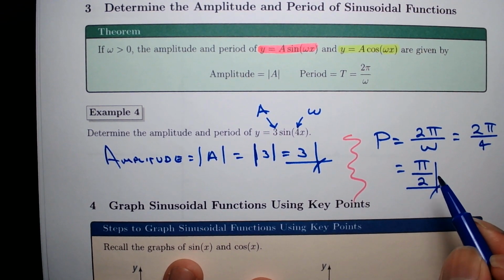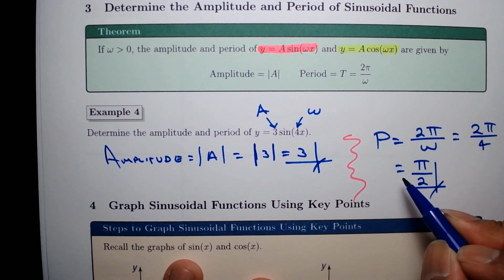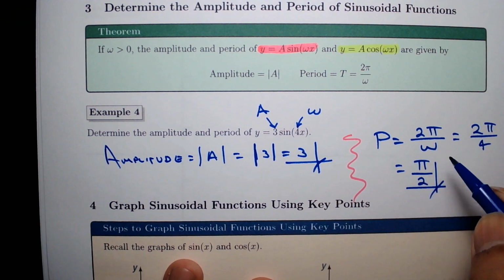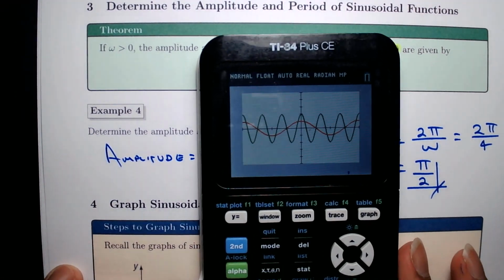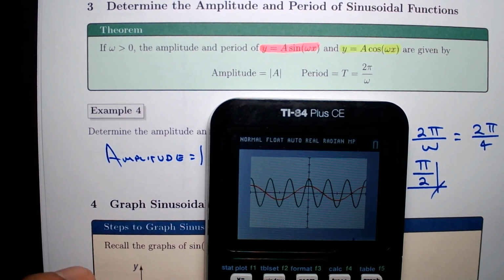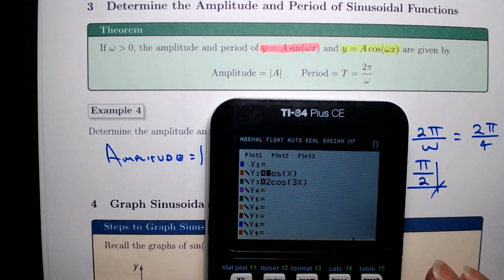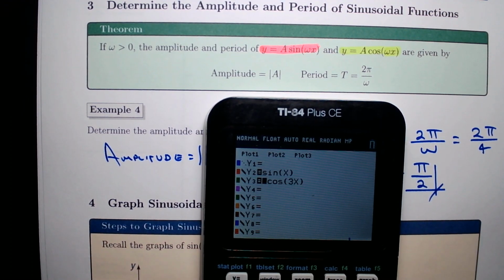This means that this sine function is going to have one turn at pi over 2. Okay, let me just show you this a little bit more clearly. Let me go back to sine of x, and in this case I'm going to do 3 sine of 4x.